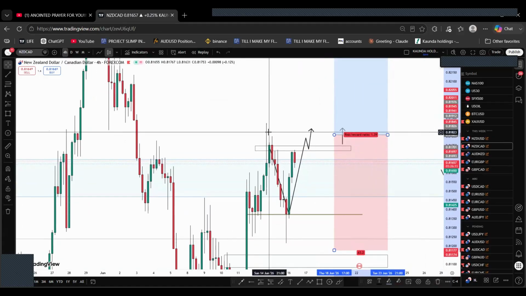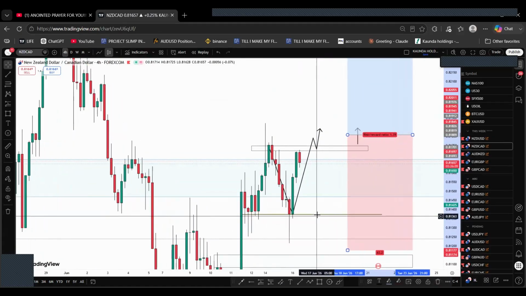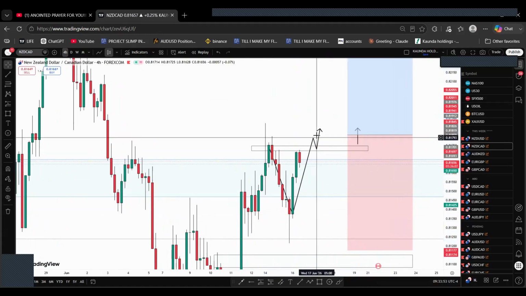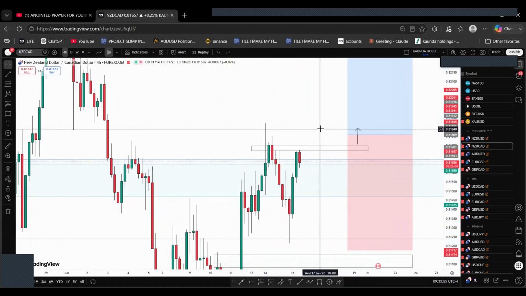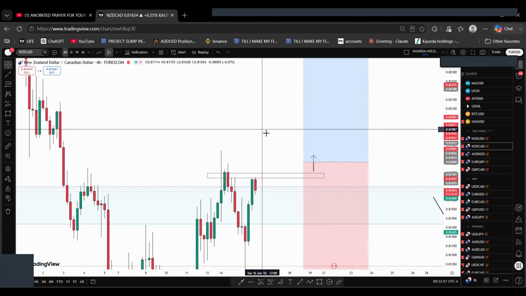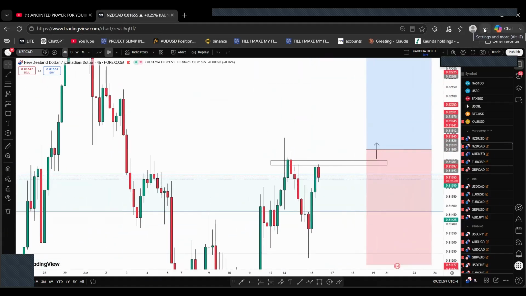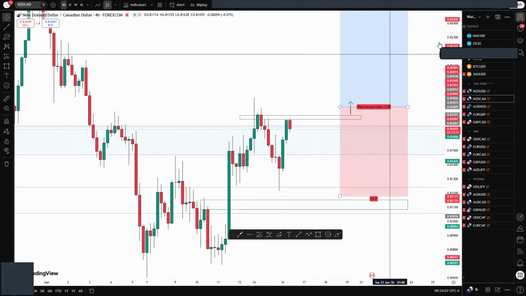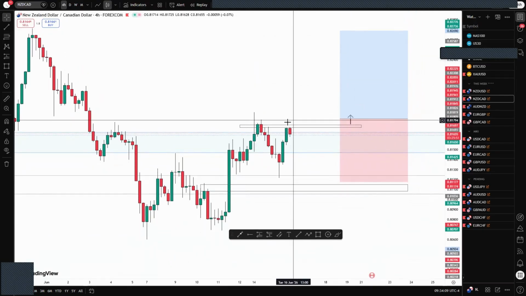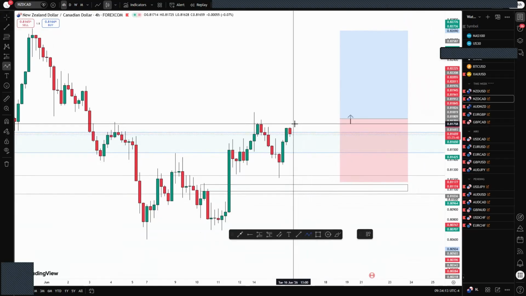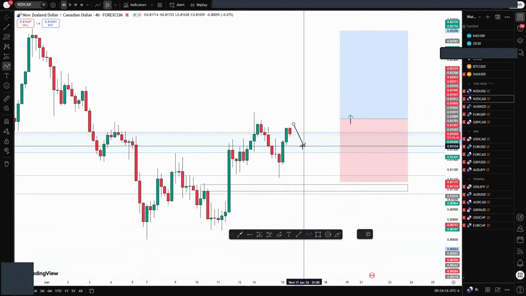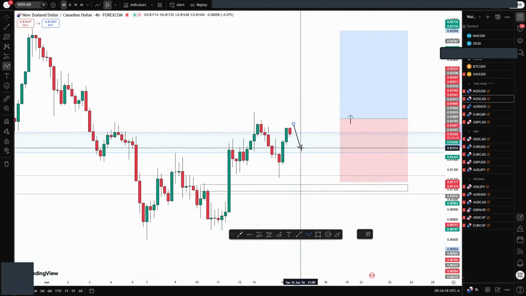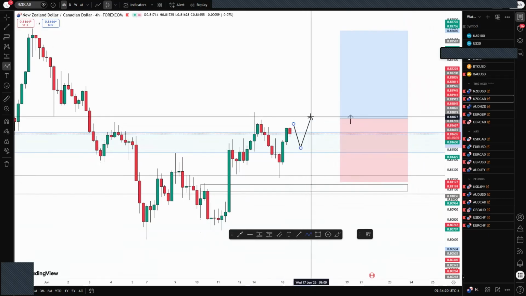So how do we make this in our favor? Simple. We will wait for price to do something like this. Wait for price to give us a lower low and then a break. You see?